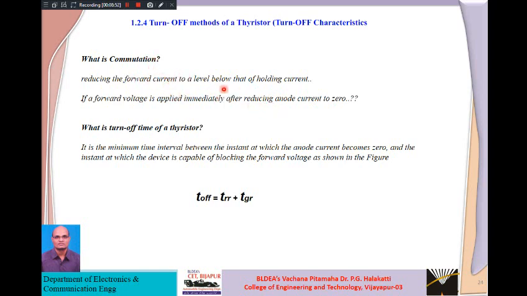So the important thing is that the definition is simply telling you to reduce the forward current below the holding current, but during that stage your SCR is in the forward blocking state. In the forward blocking state, it is nearer to the breakover voltage.